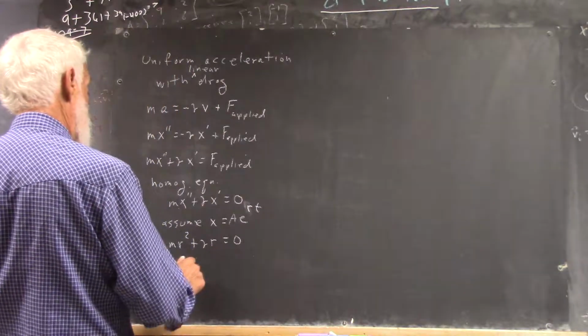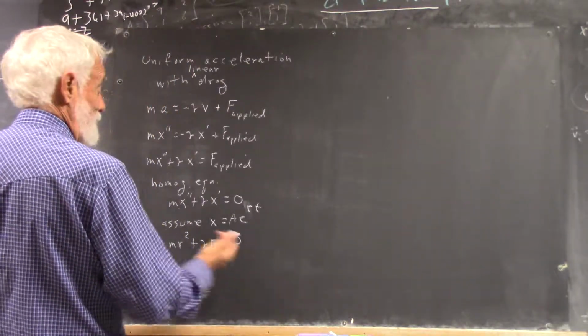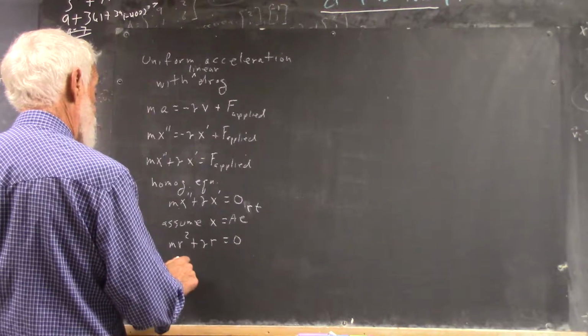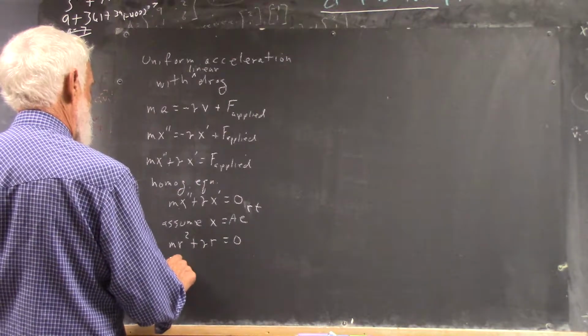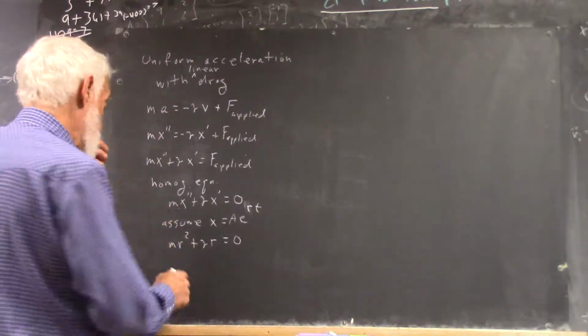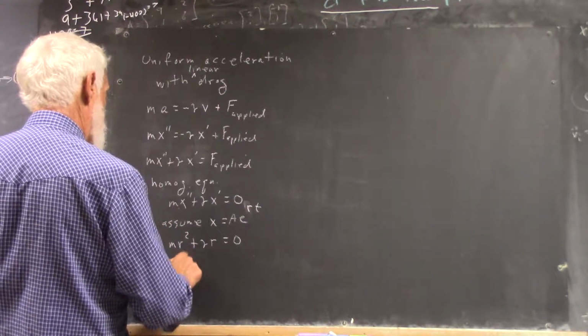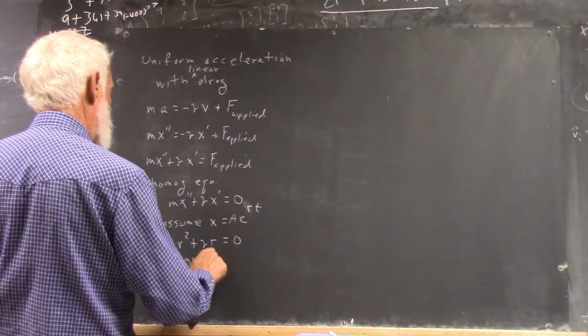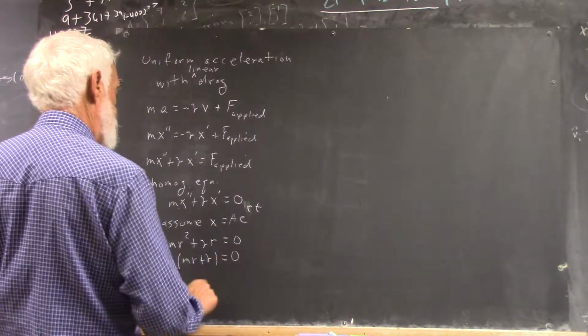So we conclude that, well, as long as r is non-zero, let's go ahead and solve this by factoring. It's a technique you want to have. So it's r times (m r plus gamma) equals 0.